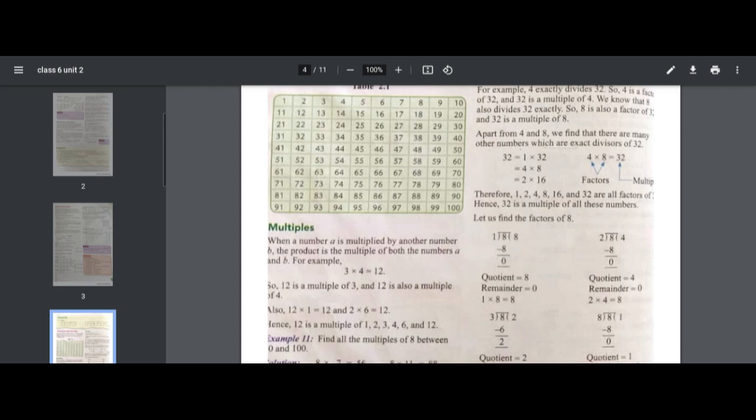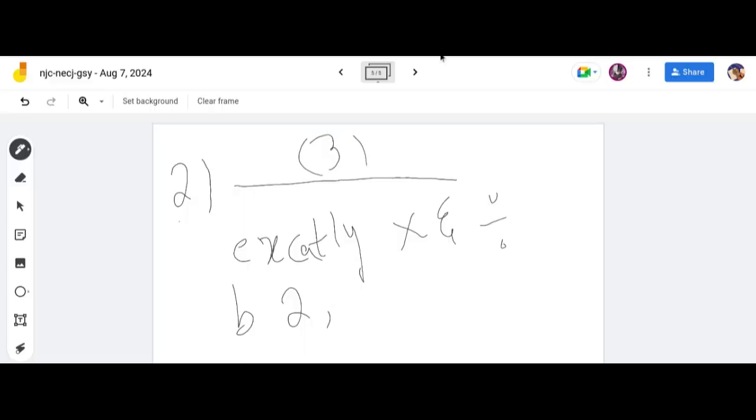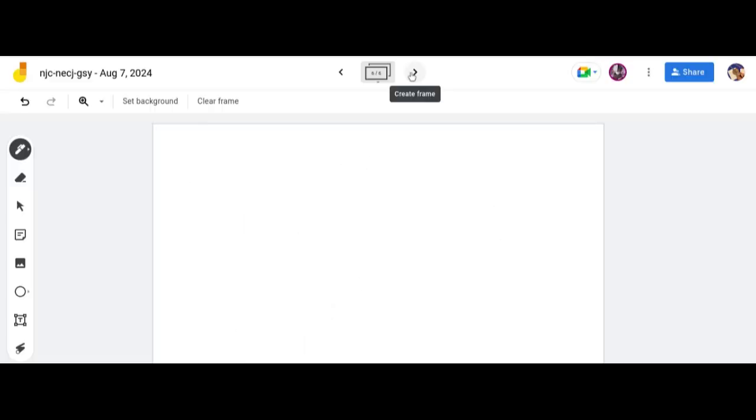Okay, multiples. When a number A is multiplied by another number B, the product is a multiple of both numbers A and B. For example, if you multiply two different numbers and just swap their positions, the answer remains the same.